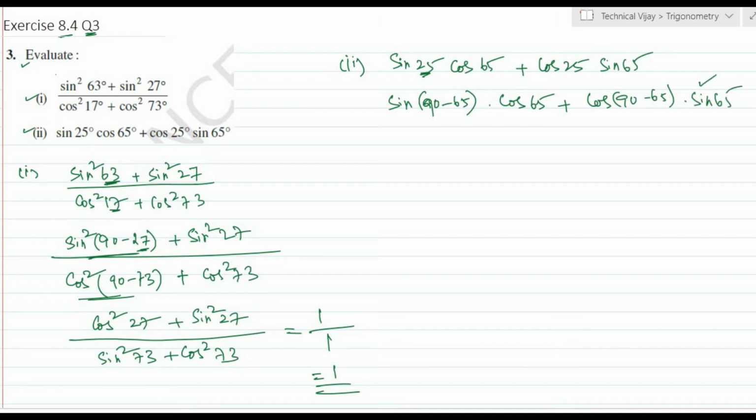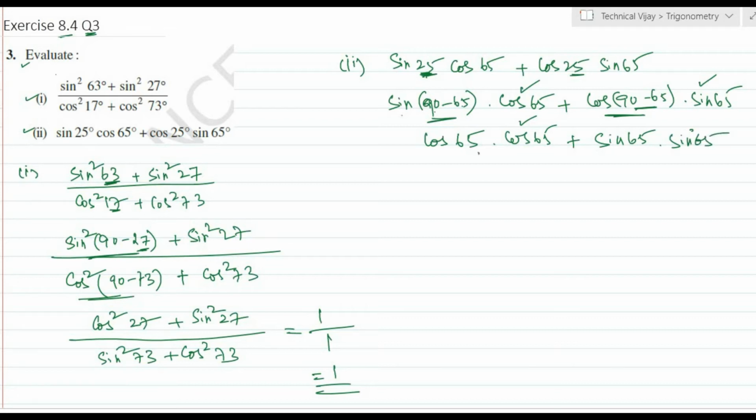These two terms I have written as they are, and the others are converted by 90 minus, so the value is not changing. 90 minus 65 will be 25 only. So sin of 90 minus theta is equal to cos of theta, into cos of 65 written as it is, plus sin of 65 into sin of 65.